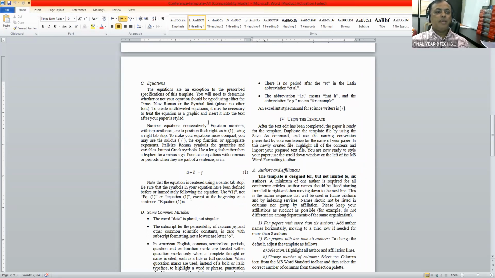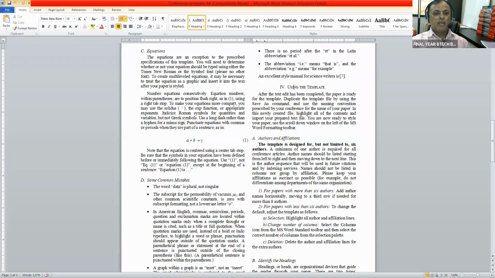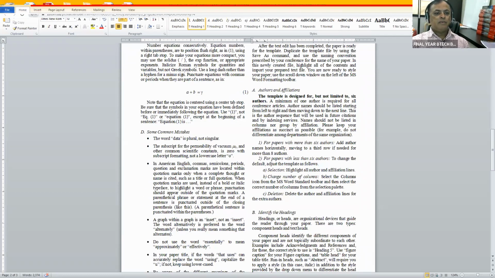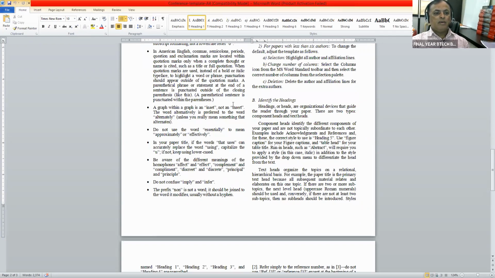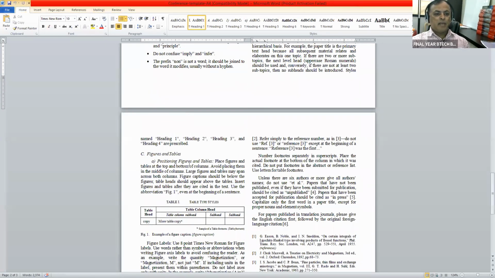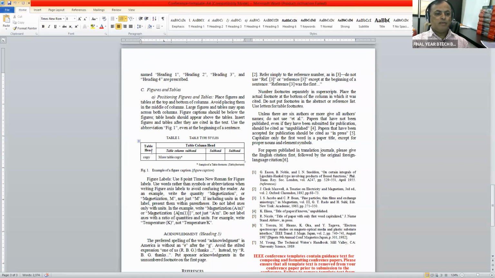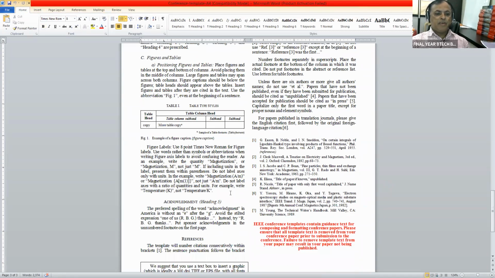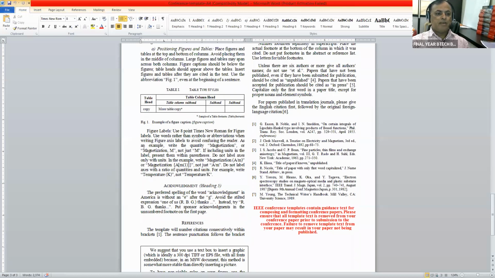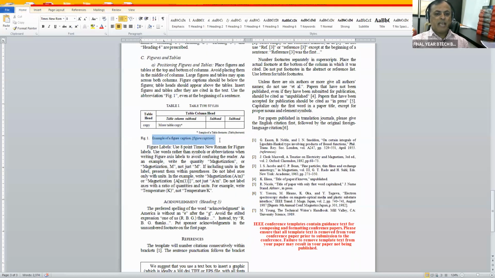While writing the equations, you have to write the equation numbers also. Then the most important thing is the table. You can see here Table 1. This is how the table format is. Then you can have the figure also. You can add the figure, and the figure name can be given as a caption here.